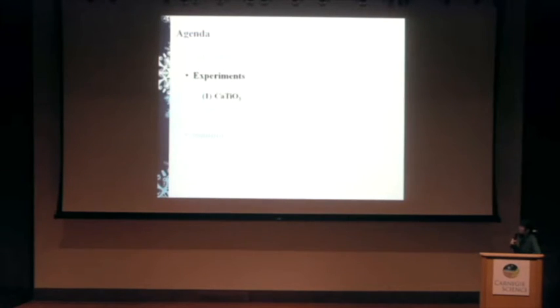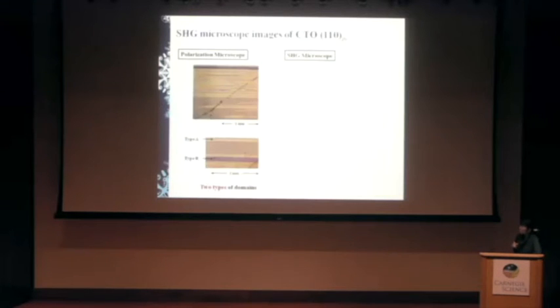I will show you the first example, ferroelastic calcium titanate. This is a polarization microscope image of calcium titanate, and there are two different kinds of domain boundaries in this material. One is almost parallel to the lateral direction, and this is the major domain boundary.